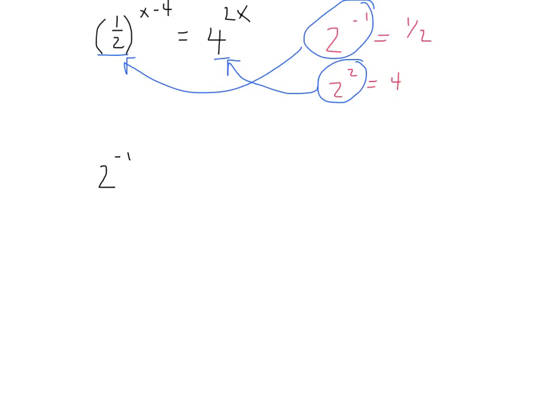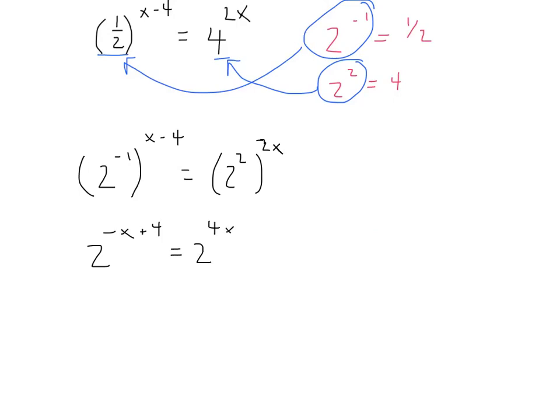So we'll get 2 to the negative first to the x minus 4 power is going to be equal to 2 squared to the 2x power. And when we simplify our exponents, we'll get 2 to the negative x plus 4 is equal to 2 to the 4x. And as last time now, I can set these exponents equal.